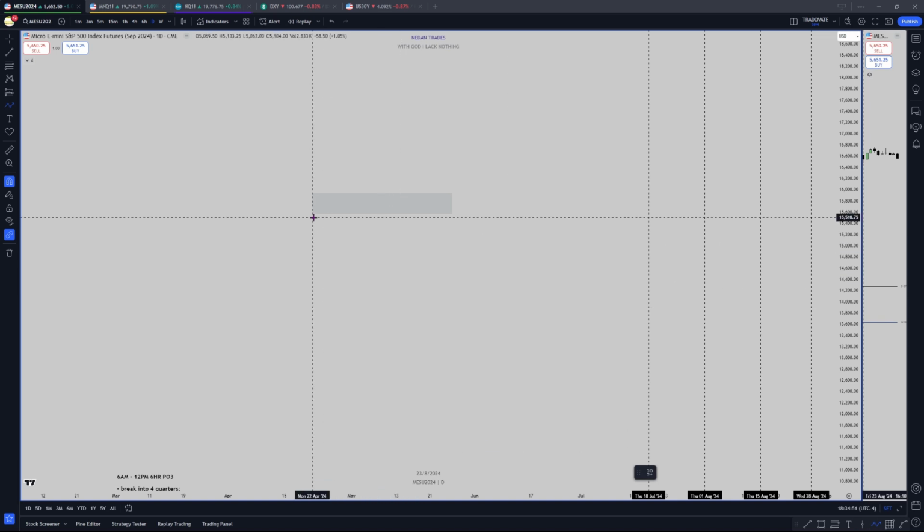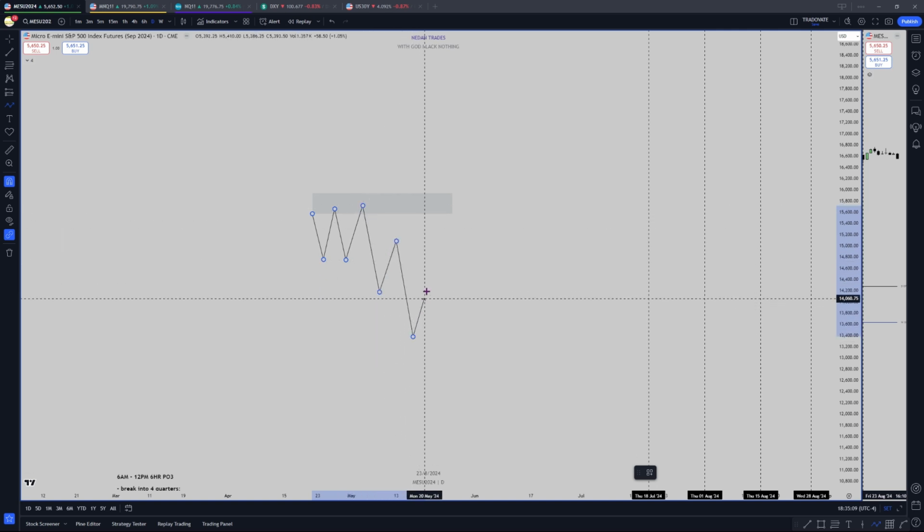Wednesdays are known to expand, so sometimes if price is in a hurry to get to where it wants, we will usually just form a new day opening gap. Asia opens, we accumulate a little bit, and then we just start completely dumping throughout the day.